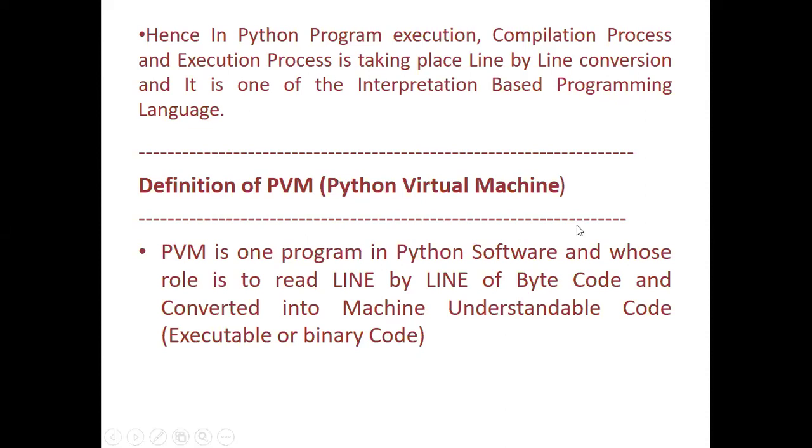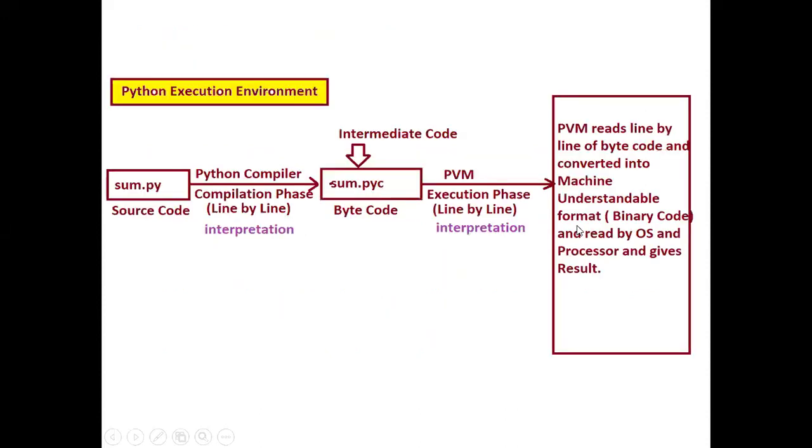Now let's understand it with a flowchart. This is a Python execution. Now I have saved one file with the name sum.py. This is the source code. After that, the compilation process takes place.